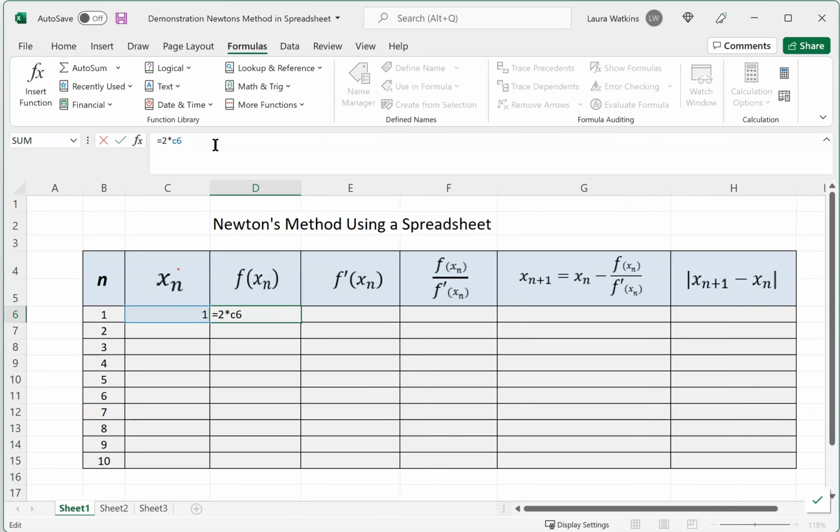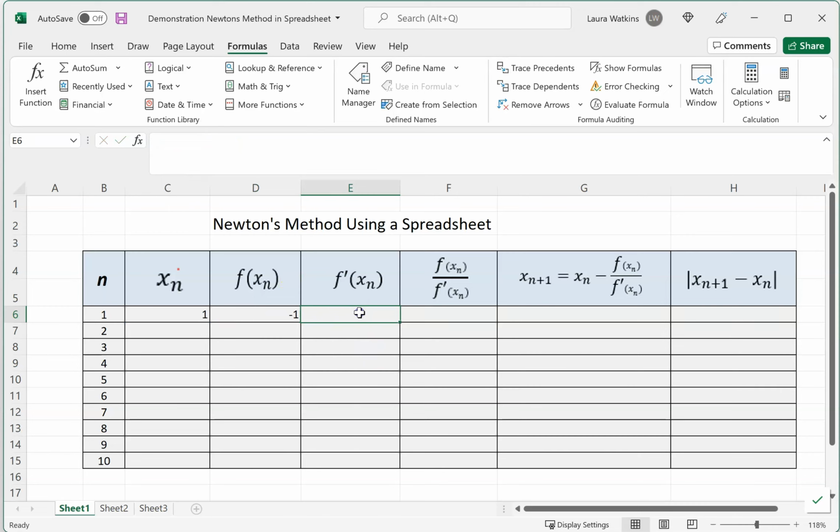Notice that it has highlighted that cell, telling me that that's the value it's going to use. I'm going to square that, and then I'm going to subtract 3. I'm going to hit enter, and notice that it's displaying the value of -1 in the spreadsheet, but up here in the function bar, I can see the function that I inserted.